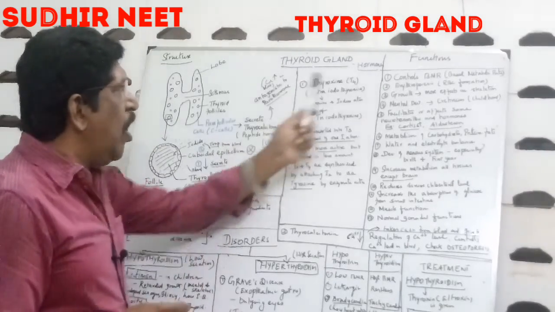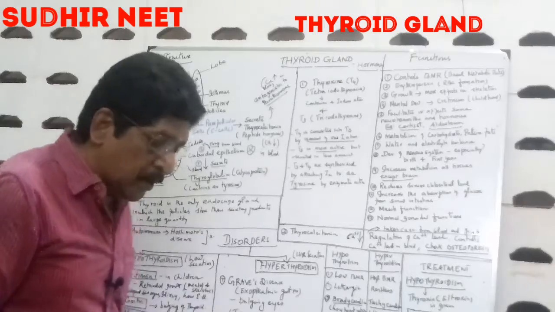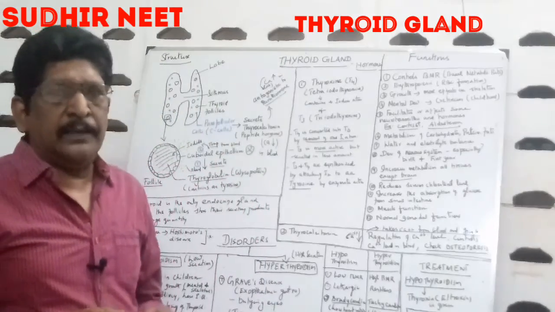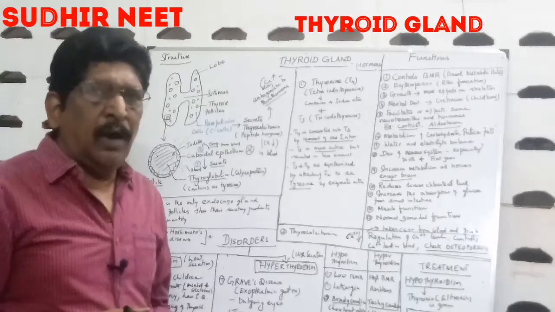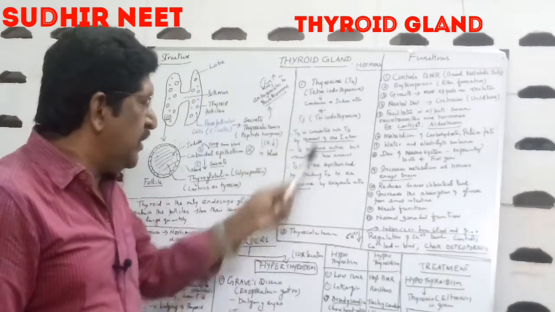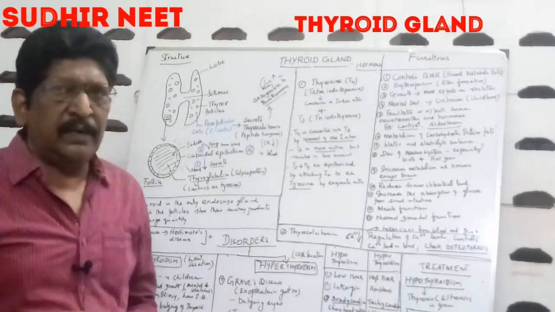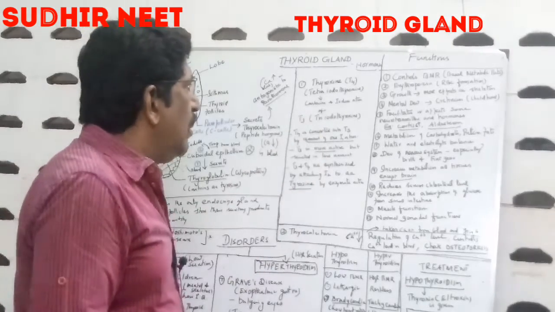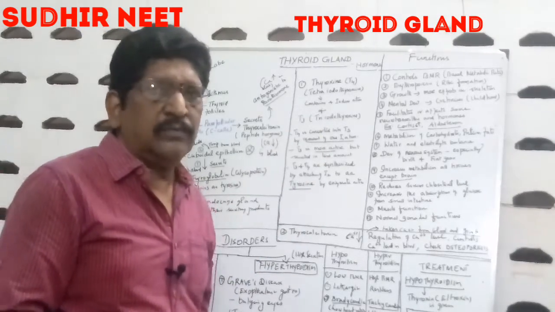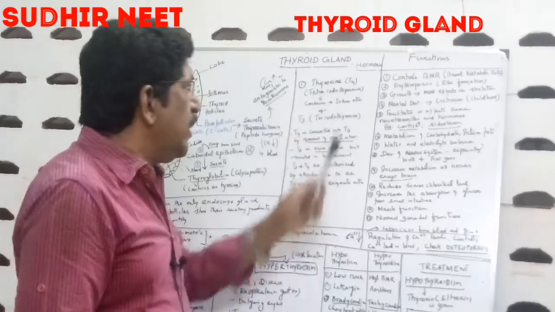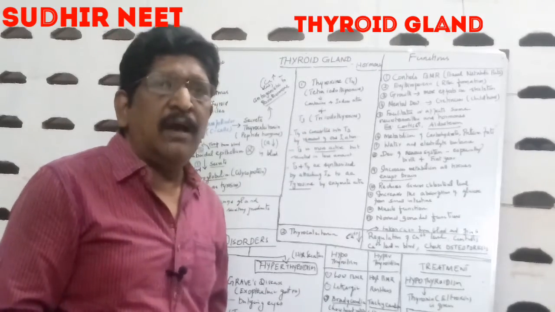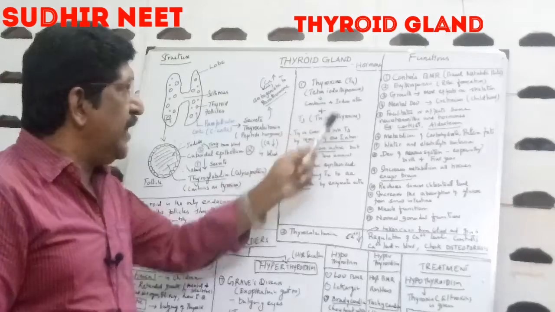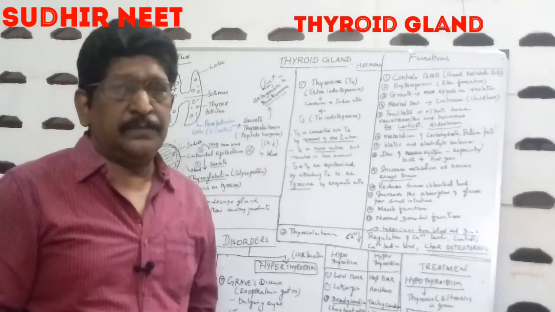Now let us come to the hormones. What are the hormones secreted by the thyroid gland? Two hormones: thyroxine and thyrocalcitonin. Let us take up one by one. Thyroxine is also called T4 or tetraiodothyronine because this thyroxine contains 4 iodine atoms.